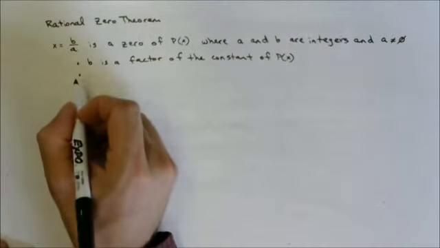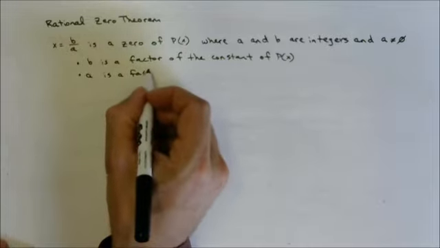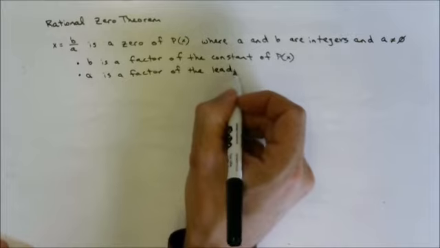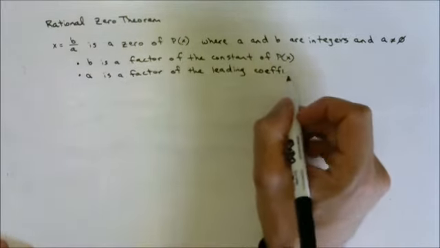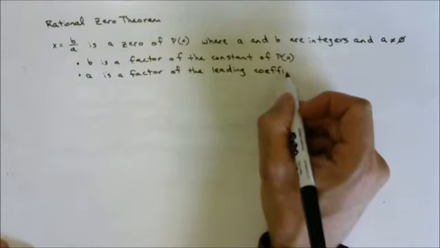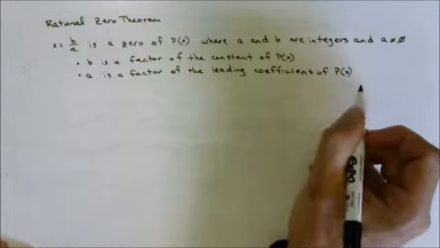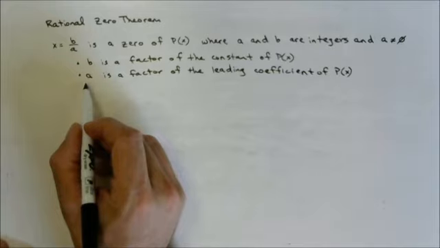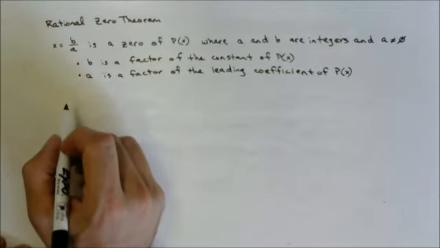The new thing here is that a is a factor of the leading coefficient of p of x. Okay, so of your first polynomial, the coefficient of your binomial that divides it is a factor of that, which makes sense, because it's going to multiply back in the end.